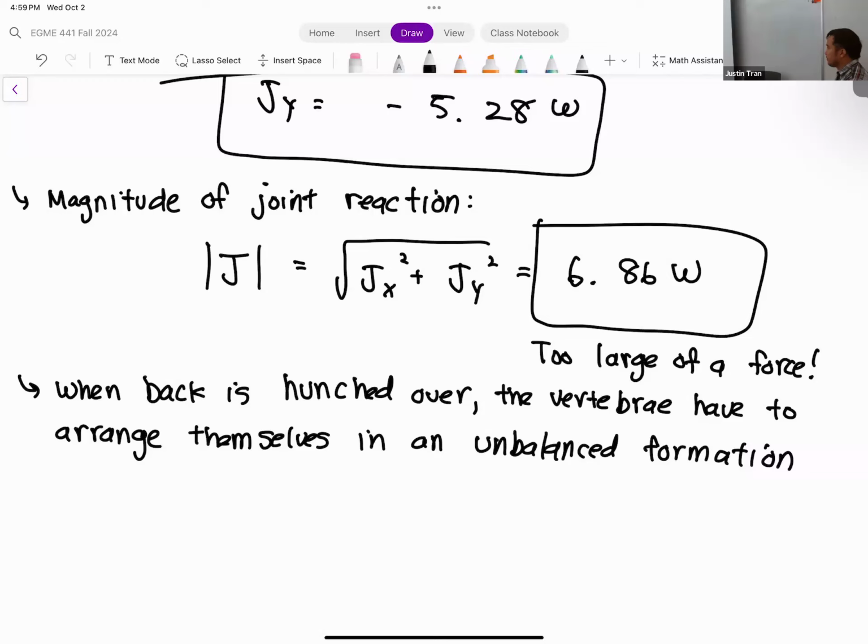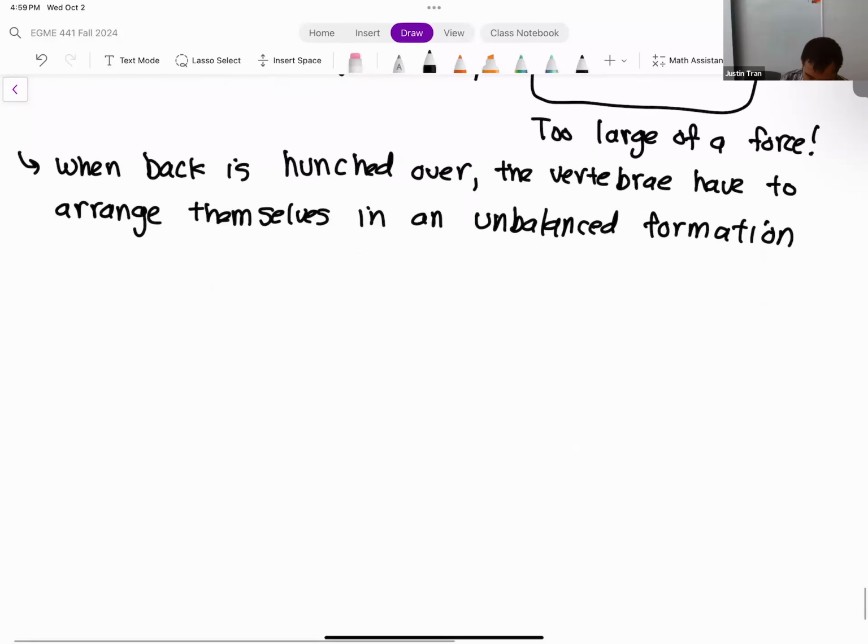The way I think about it is that they have to arrange themselves in an unbalanced formation. So what do I mean by that? Normally, when you're standing up straight, your vertebrate bones are all stacked on each other nicely like this. So this is normal posture.